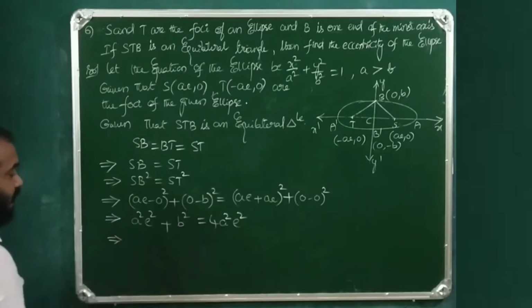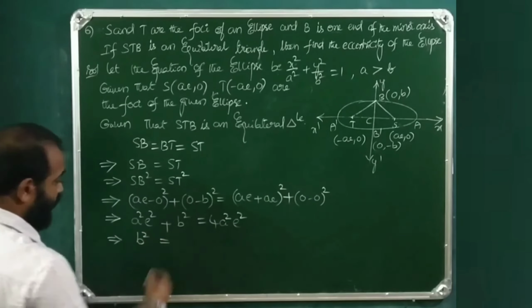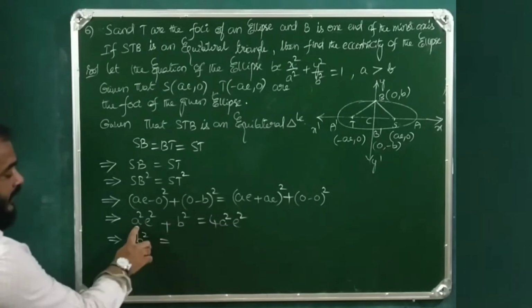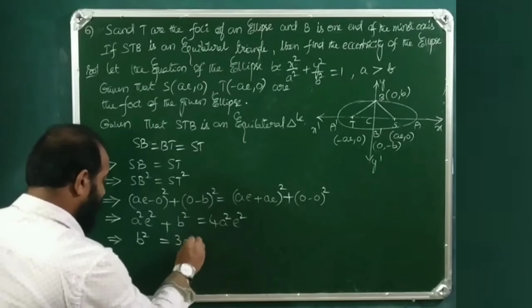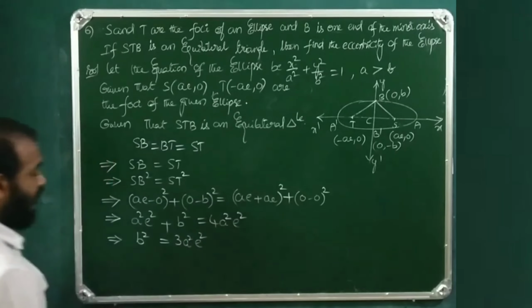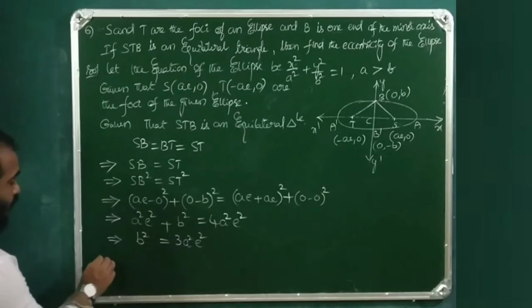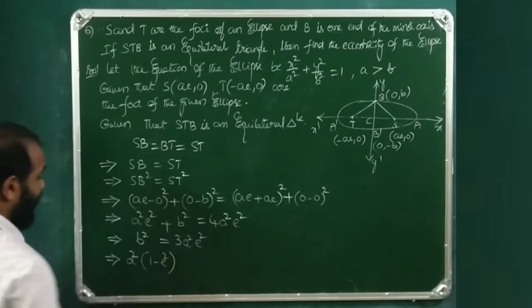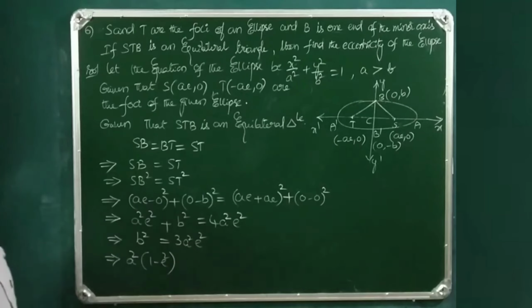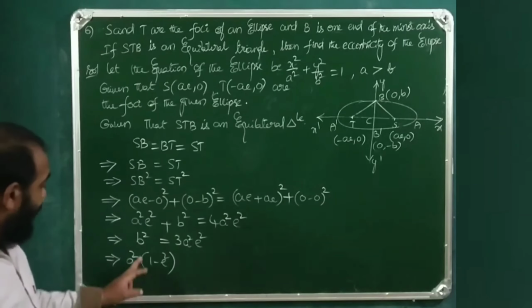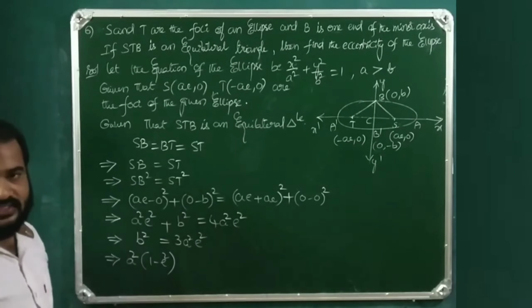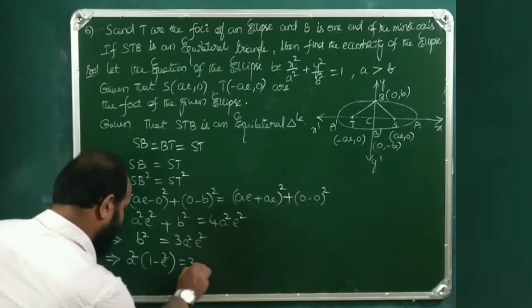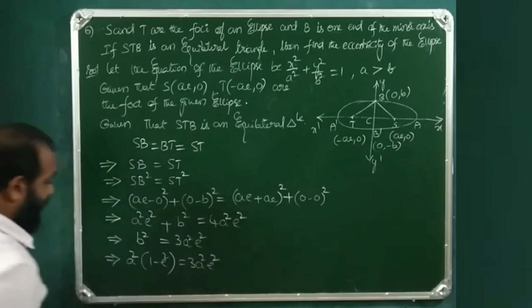From this, B square is equal to 4A square E square minus A square E square, which is 3A square E square. We know that B square is equal to A square into 1 minus E square, for A greater than B, which is equal to 3A square E square.